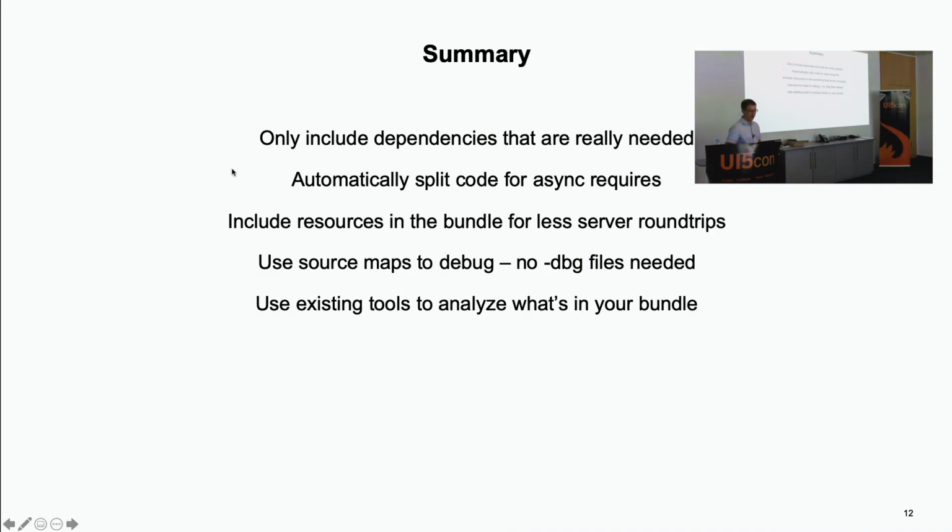So to summarize, what you can achieve by building your applications with Webpack is that you're only including the dependencies that are really needed for your application. And this makes the bundle already smaller, but this is a thing that the UI5 tooling can already do right now.